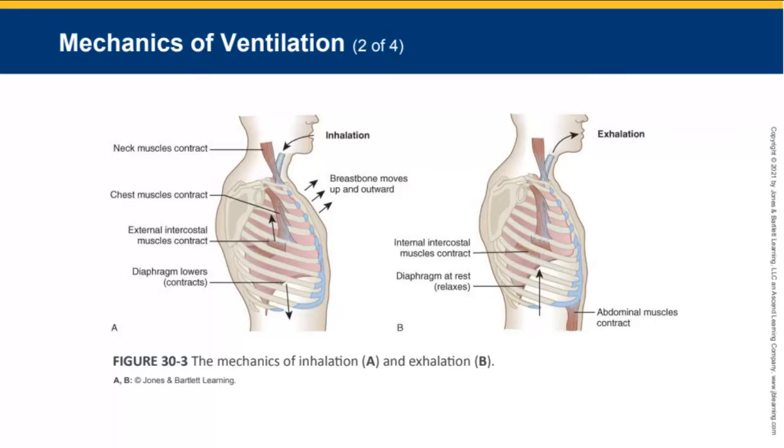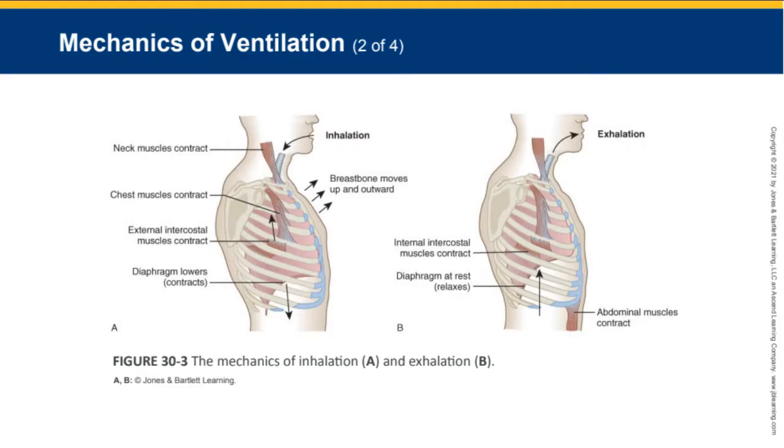Exhalation decreases the volume, and volume and pressure work inversely. So if the size of something increases, that's what volume is, then the pressure in that space is going to drop.